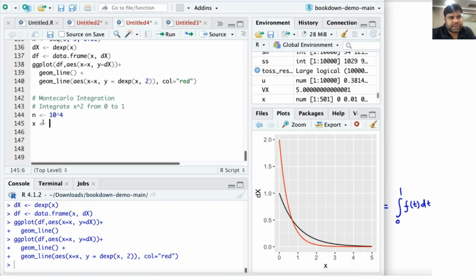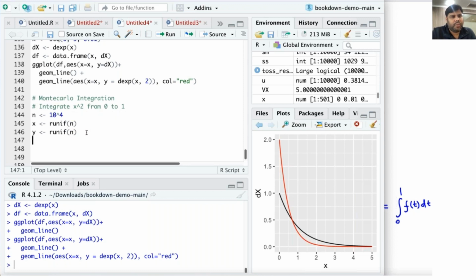So x is runif, how many points? 10,000 points. Y coordinates, let's generate the same way, runif n.